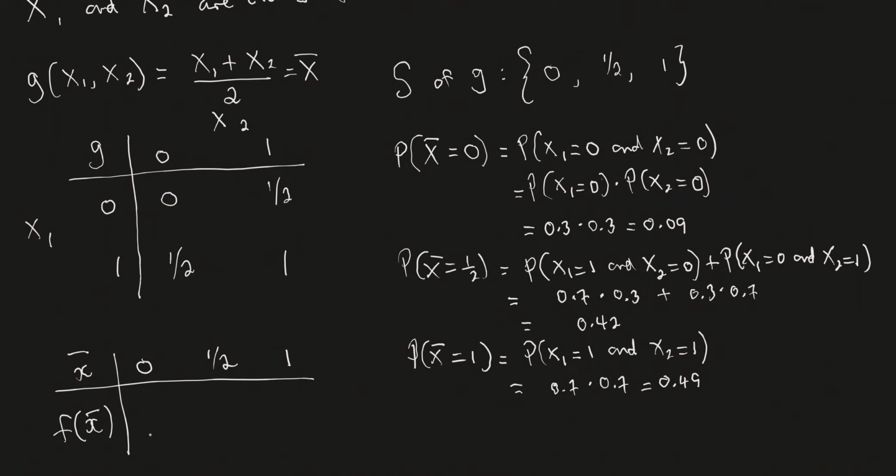And then here are the corresponding probabilities: 0.09, 0.42, and 0.49. And even though it took a little bit of work to get this, the PDF is still a PDF, and it has to satisfy all the properties. So check your non-negative property, check the fact that the total probability has to be equal to 1, and you can see that it checks both the boxes, right?